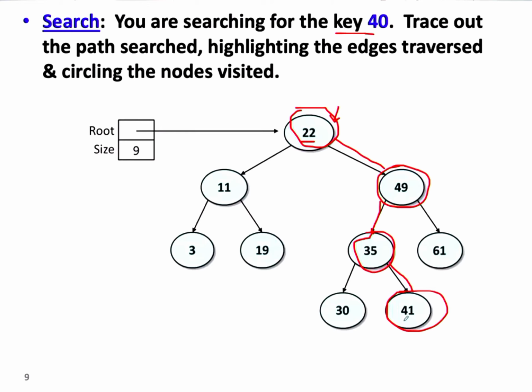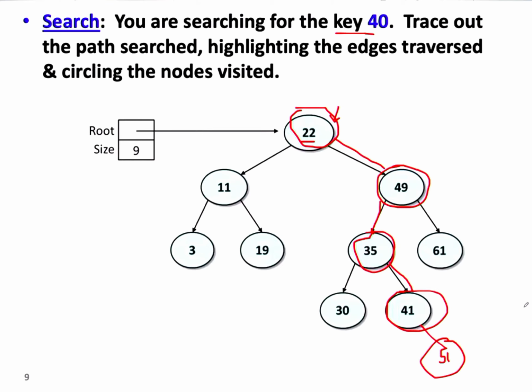Even if this were not a leaf node and there was some element here, let's say 51, because 40 is less than 41 we go left, and there is no left of 41, so it's still going to be null. When you've hit a null pointer, that means you've traversed the tree and you haven't found that element. In that case, you return not found, or false, or -1 when you're implementing your search. So this was a broad abstract implementation of search.